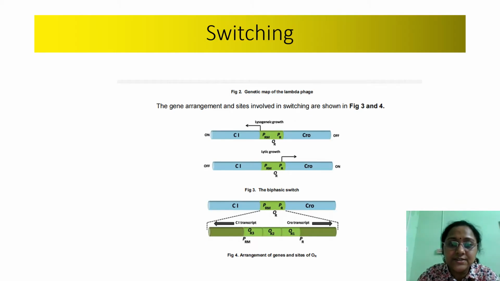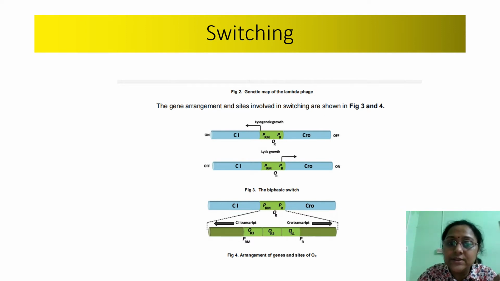So this is the genetic switch which is present in the bacteriophage DNA. Here you can see PRM and PR. These two are promoters: the promoter for repressor maintenance, and the promoter right direction, the promoter for right direction gene synthesis.